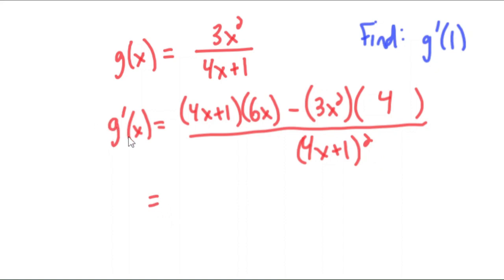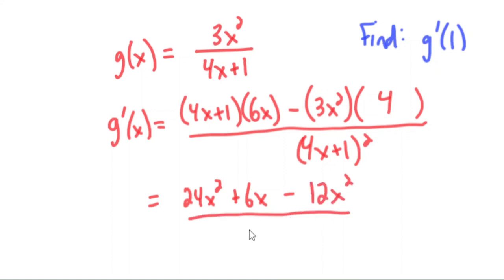And to find g prime of 1, you could actually just plug in 1 for x right now, but let's simplify this a bit and then we'll plug in the 1. So distribute the 6x, we're going to get 24x squared plus 6x. And then minus, this is really just 12x squared. And still over 4x plus 1 squared.